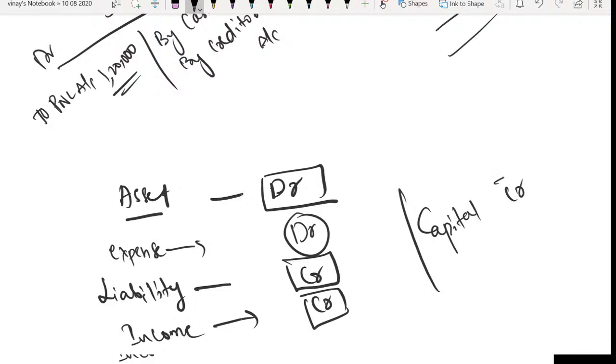Capital shows credit balance, means in the capital account your credit side will be more than the debit side. If it is on the debit side, you should not show it as a liability; earlier you showed it as an asset, now you have to show it as negative capital. In the present balance sheet, we cannot show negative capital. We will look at that when we do company accounts.